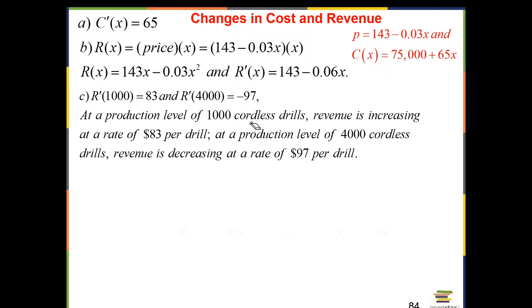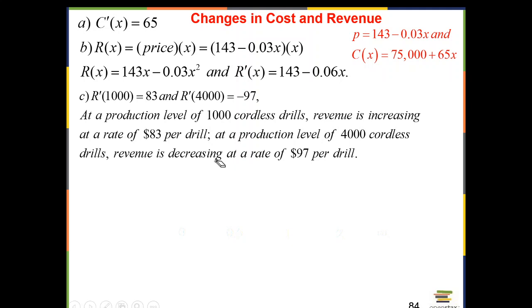That means you're actually losing revenue per item, $97 per item. Why is that? Well, it depends on the cost function, depends on the price function, right? They're all related. So what they do in business, they try to maximize profit. Maximizing profit doesn't always mean that you sell more. That makes sense? You see that?